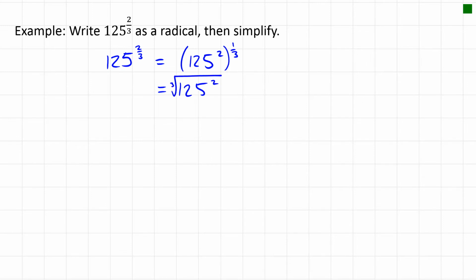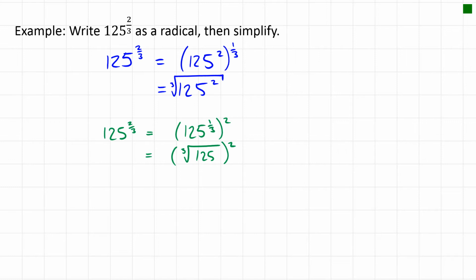Or would we rather do 125 to the 2/3? We could also write this as 125 to the 1/3 all squared, which would be the cube root of 125, all squared.